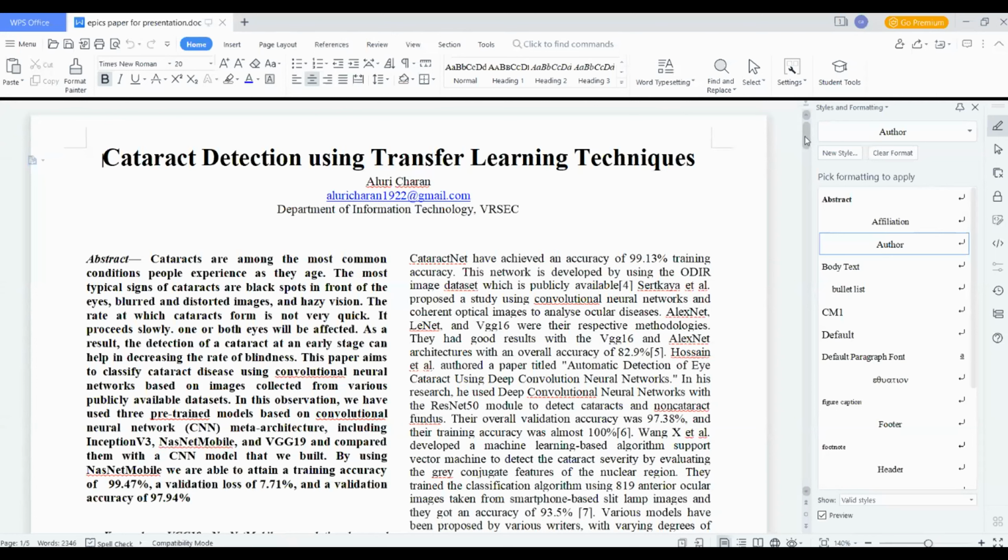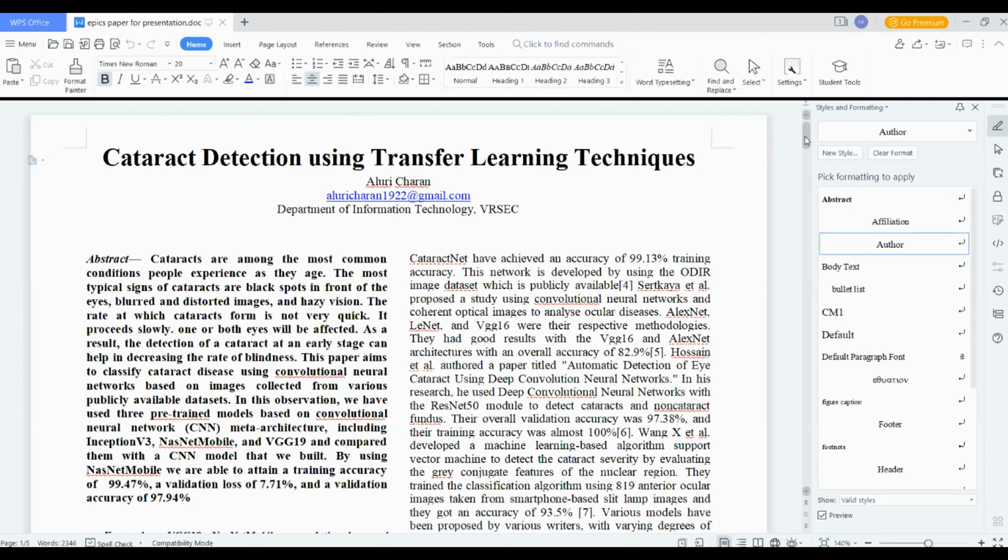So detecting cataract at an early stage is very important nowadays. And nowadays, due to different environmental conditions or people's food habits, people are getting cataract at a lower age, in their 40s and mid 50s. So cataract detection is an important area of research nowadays.